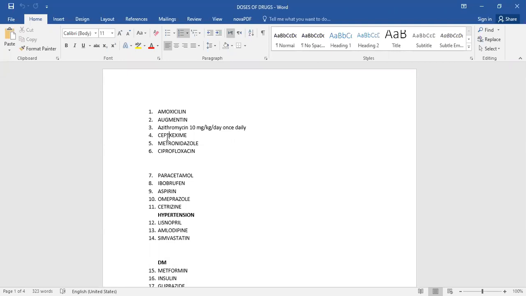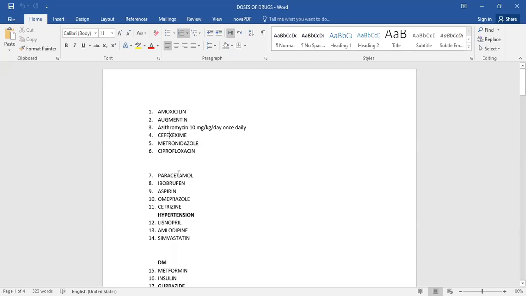You guys don't use medications on your own? Okay. So Cefixime is usually given once daily. Metronidazole is given TID. Ciprofloxacin, you should give BID.